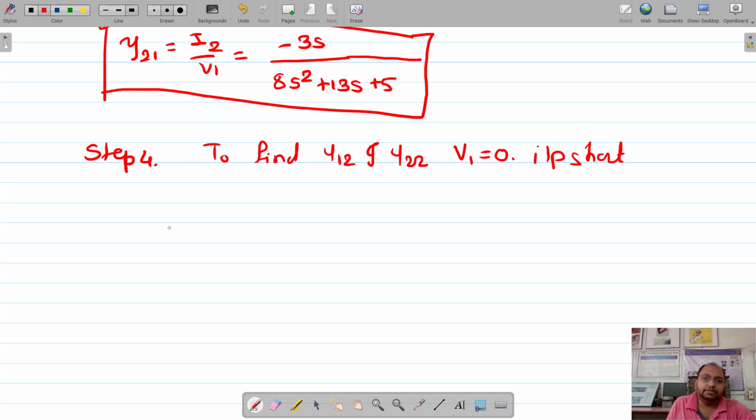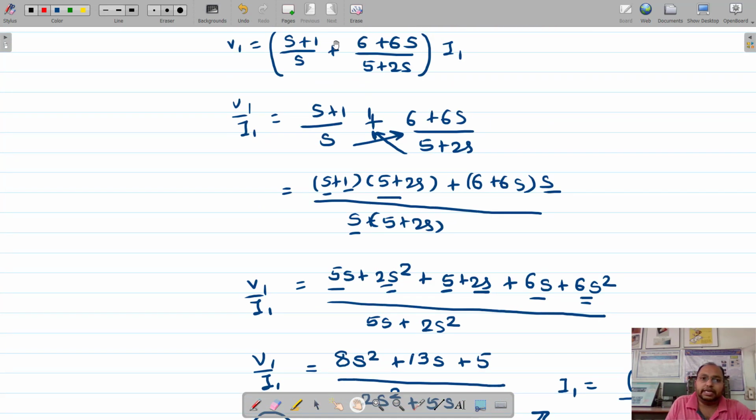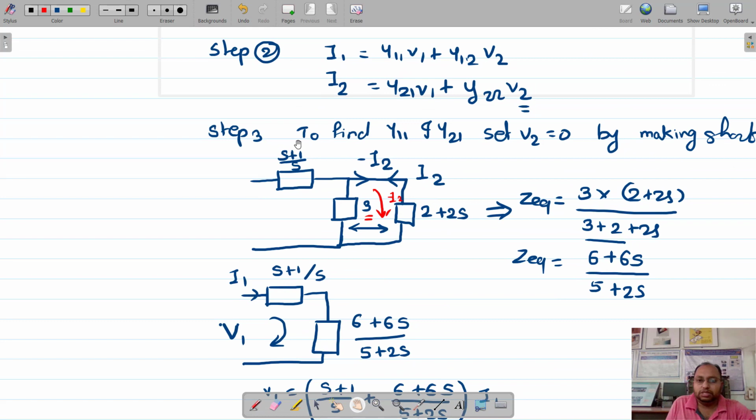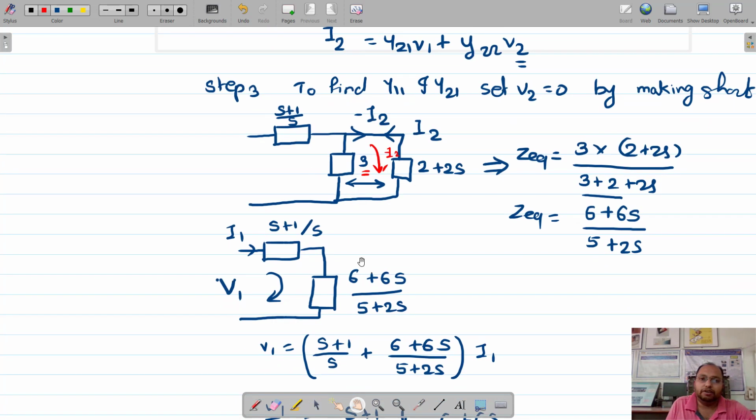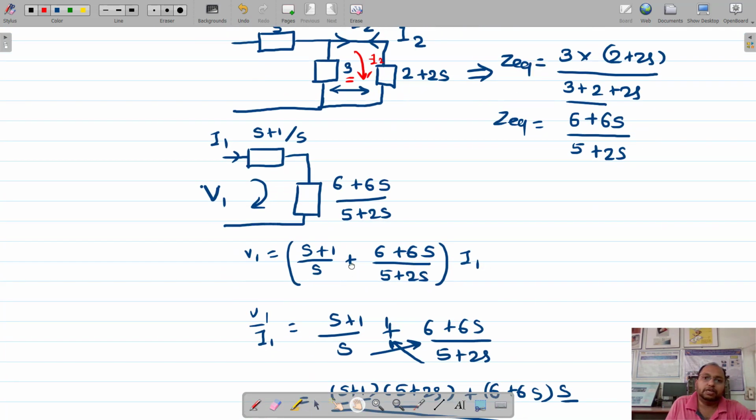Now let us concentrate, recall the circuit diagram. So this will be shorted, and this will be as it is. So s plus 1 divided by s will be shorted across this terminal, right? So that is the input terminal.